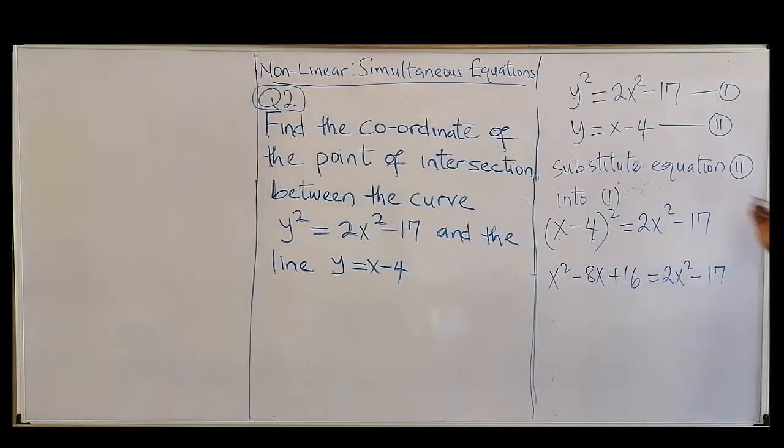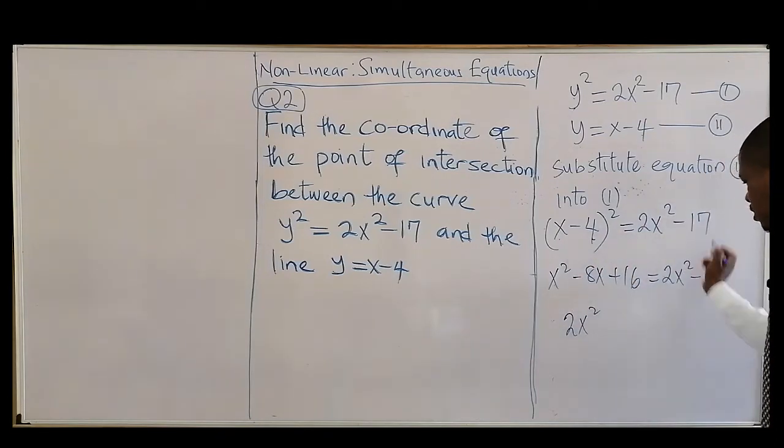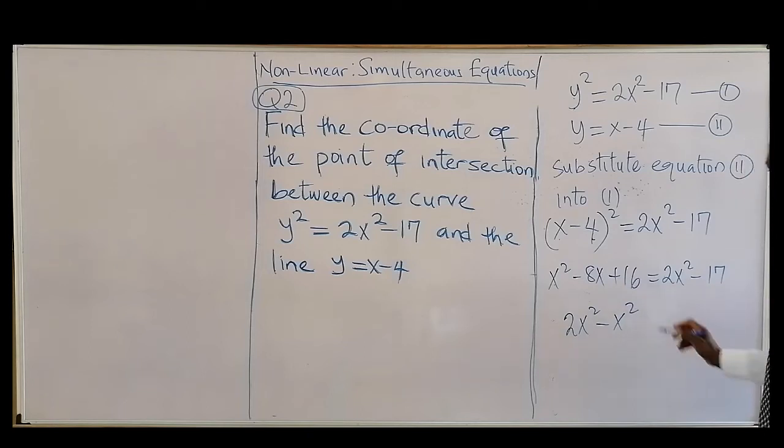Then we need to arrange together. Let's move everything to the right hand side. So that will be 2x squared, move this one to the other side, so minus x squared, then plus 8x, then minus 17, and this 16 to the other side, minus 16 equal to 0.